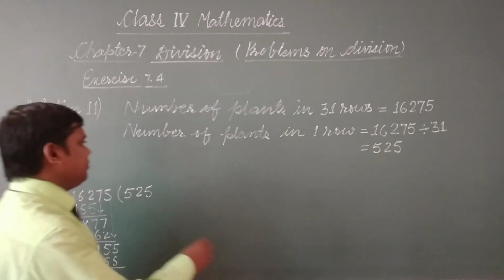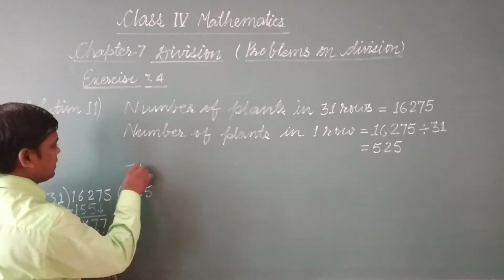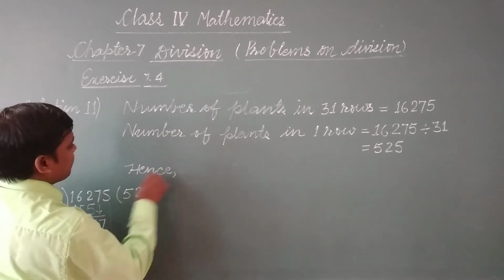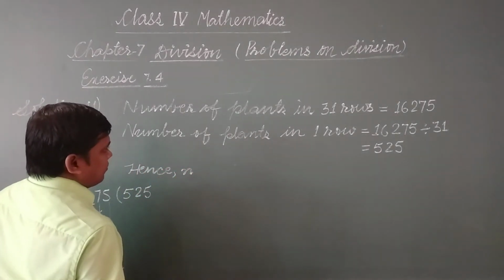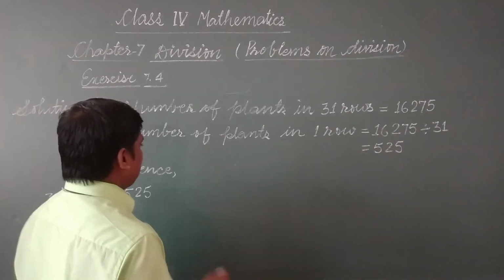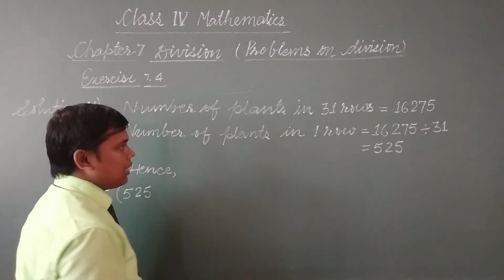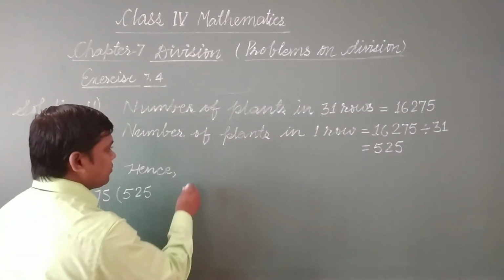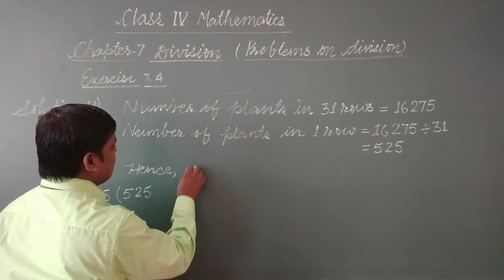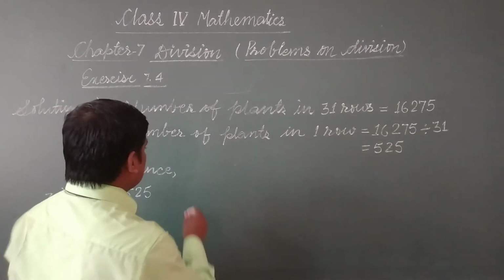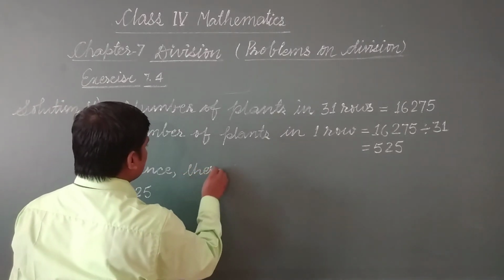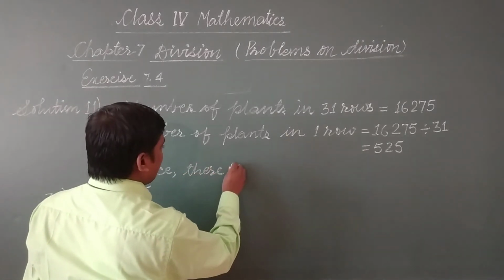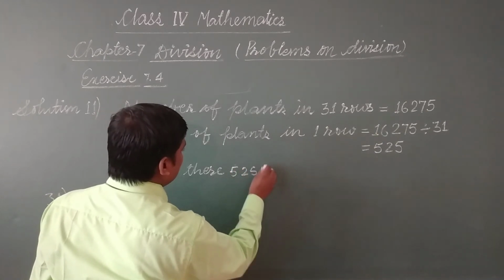You can write here thus or hence 525 plants are there in each row. Or you can write in each row there are 525 plants.